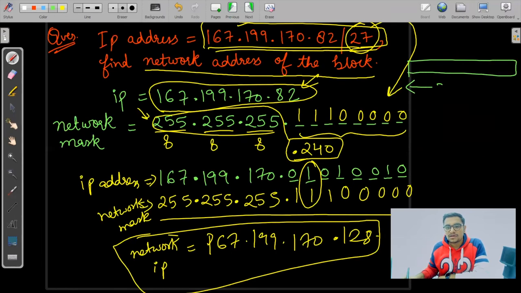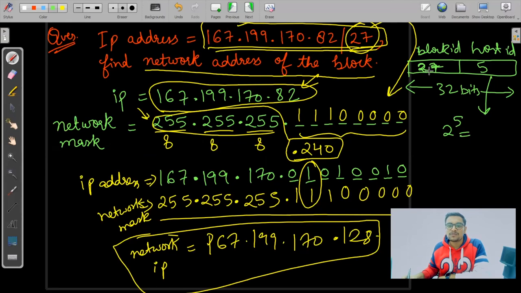I have 32 bits over here, and out of those 32 bits, the leftmost 27 bits are used for the network ID or the block ID, but the rest of the 5 bits are used for the host ID. So the number of hosts possible in each block of this particular IP will be 32 hosts.